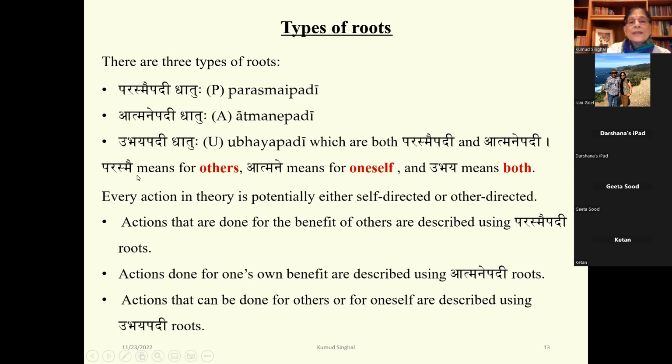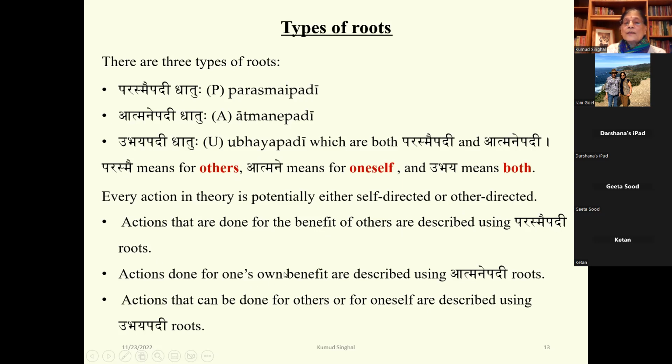So parasmai means for others. Atmane means for oneself, and ubhaya means both. So every action in theory is potentially either self-directed or other-directed. Actions that are done for the benefit of others are described using parasmaipadi roots.